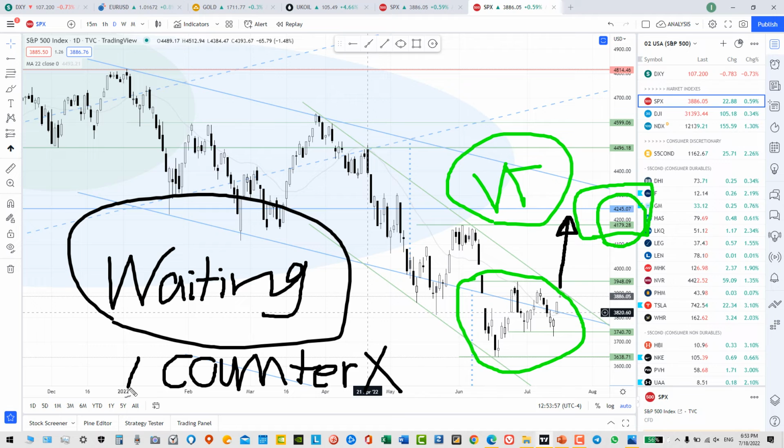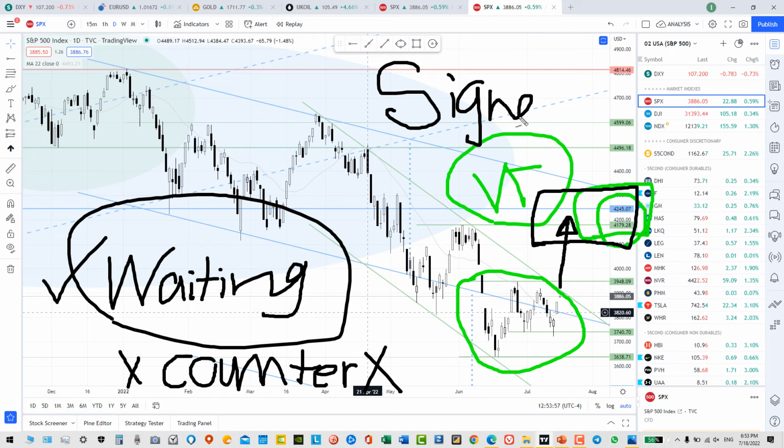I don't like the habit of counter trading, and I prefer to wait for a better risk scenario, a lower risk environment, and when the index touches or reaches this area, I will be looking for signals to virtual trade on the selling side.